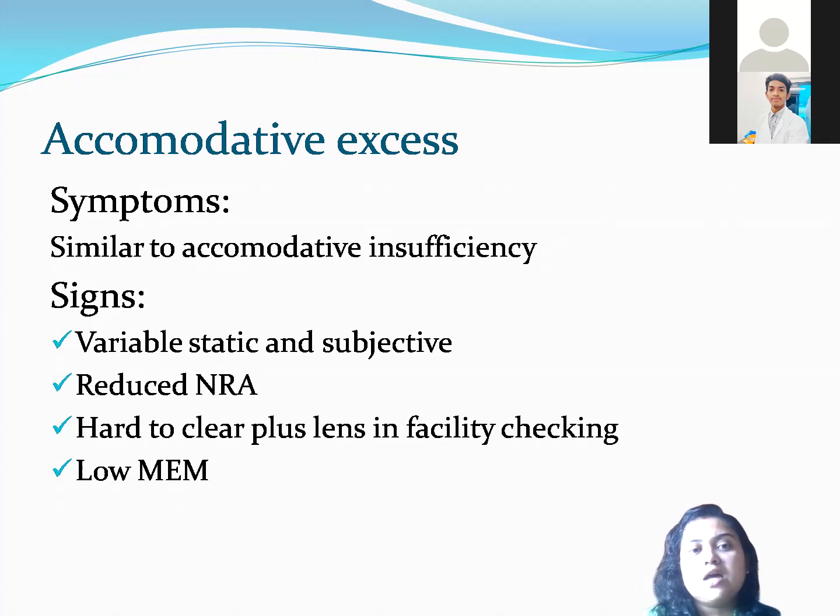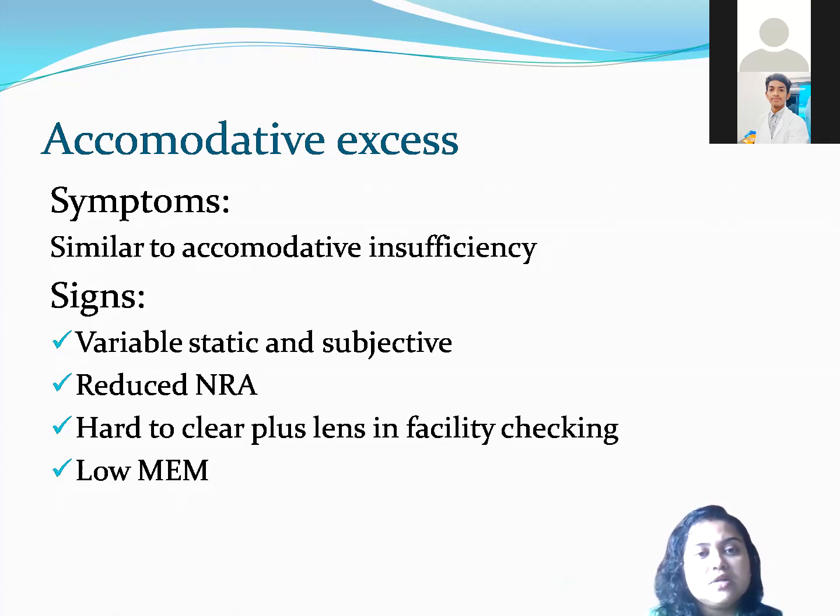But the NRA value will be much lesser compared to the PRA value. That means the patient can stimulate accommodation to a greater extent, but the negative relative accommodation means the patient cannot relax the accommodation to the same extent. So you will get a reduced NRA in case of accommodative excess.